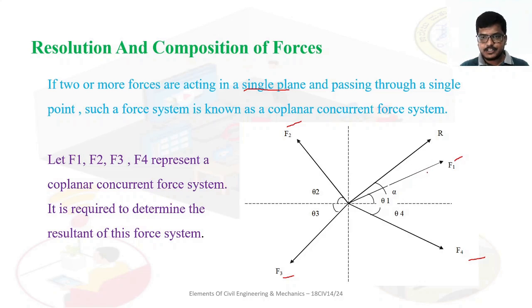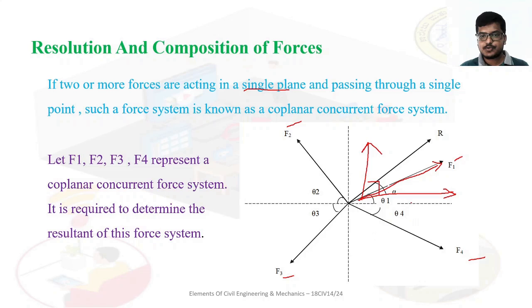See, F1 is this force and it is inclined, right? Now I need to resolve, or split, this. How to split? We have to take one component in the horizontal and one in the vertical, and these two should be perpendicular to each other.